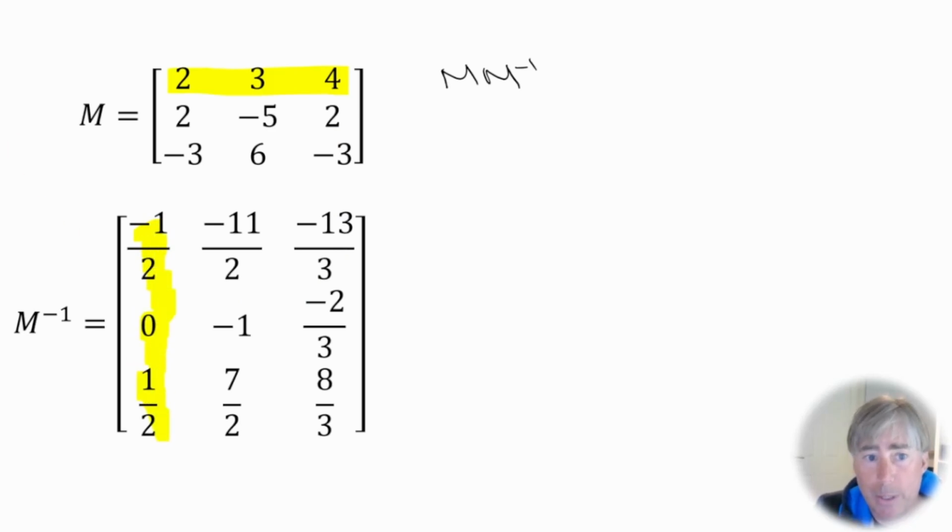Okay, so if I were to highlight my top row of M and my first column of M minus 1, the calculation would basically go 2 multiplied by negative a half plus 3 multiplied by 0, and then finally plus 4 times a half.